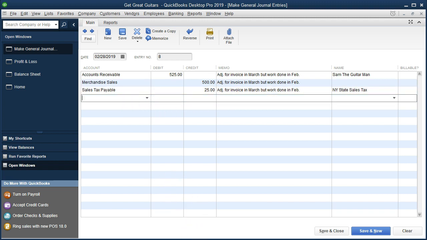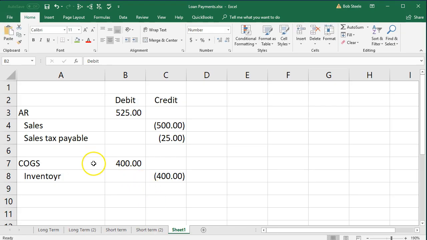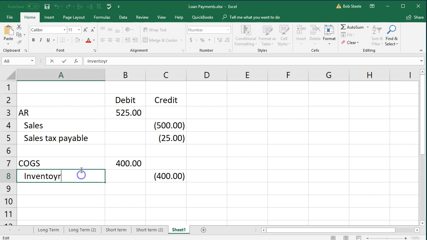Now, this next one we thought of as a separate journal entry, and oftentimes we do that in book problems, to think about this as a separate journal entry, even though they happen at the same time in a perpetual inventory system. But we'll just record it here. In reality, it happens at the same time, and we'll enter it in the same area here. So now we have cost of goods sold, and inventory is going to be the other side.